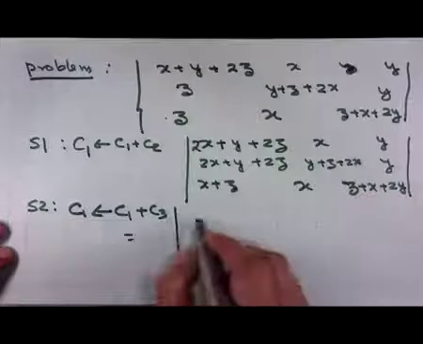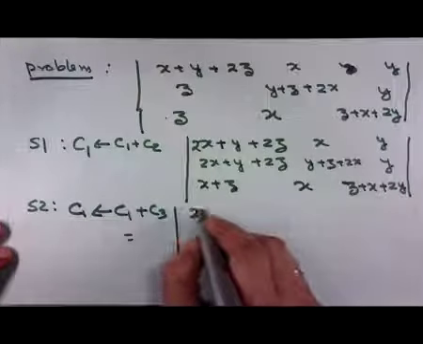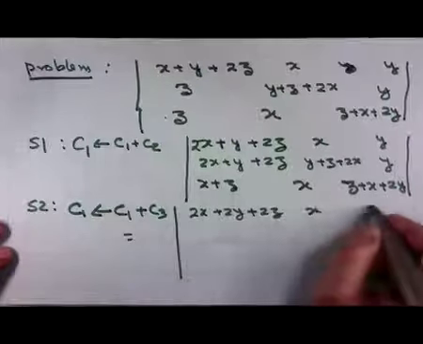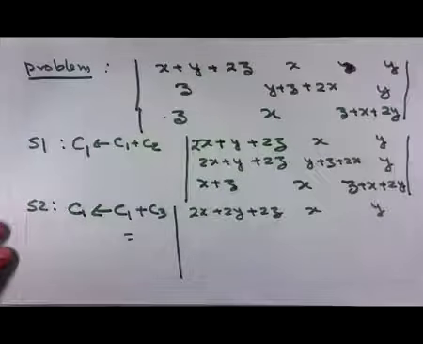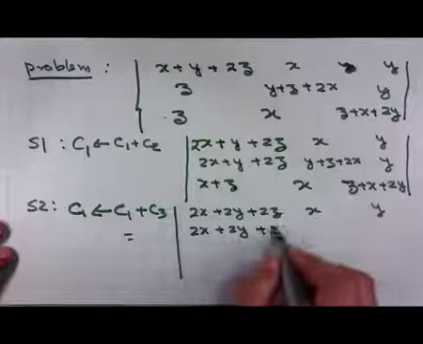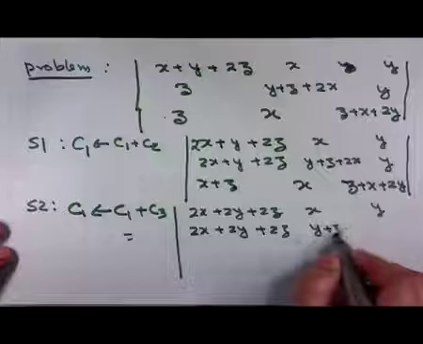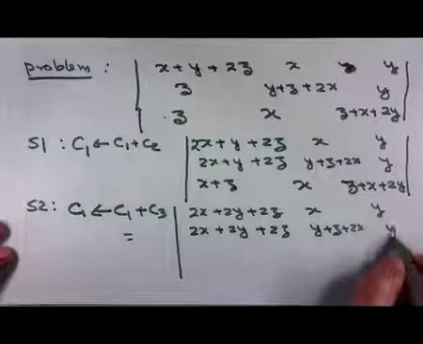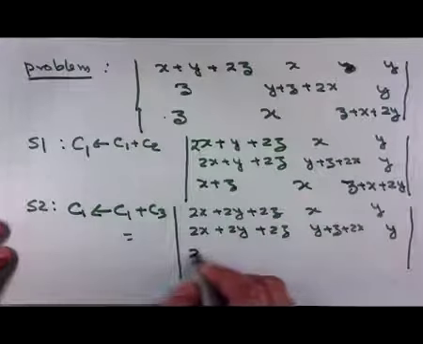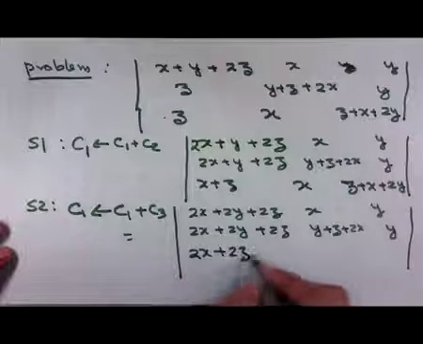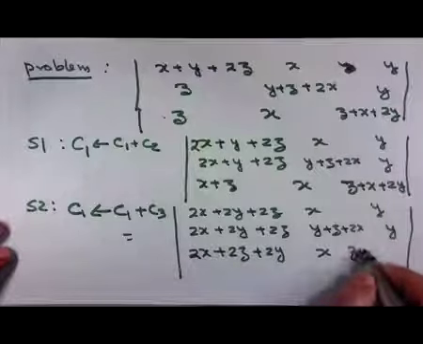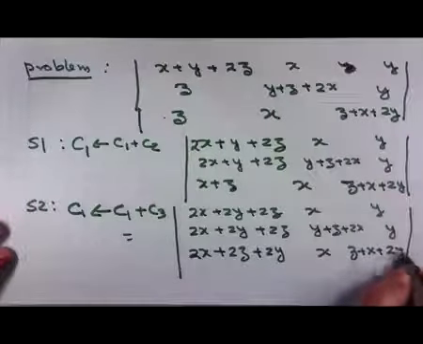Then what are we getting? It is 2x plus 2y plus 2z in every row of the first column.